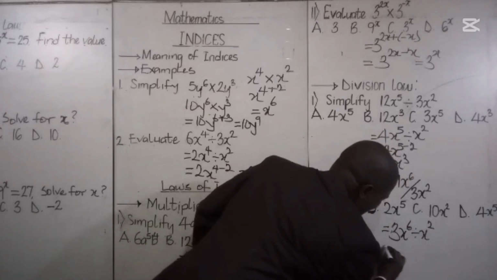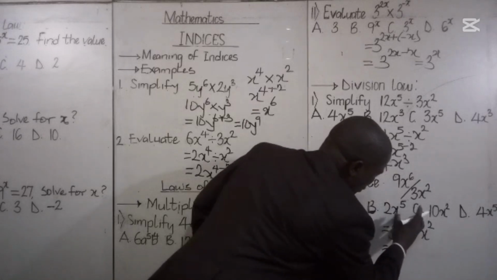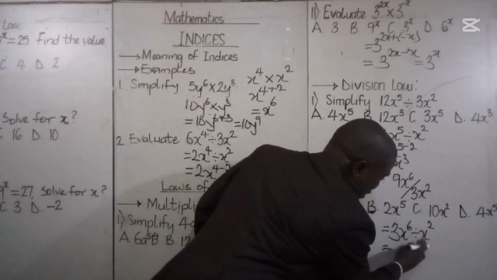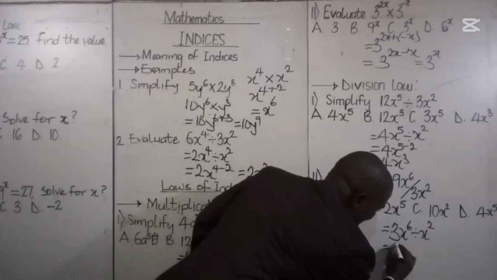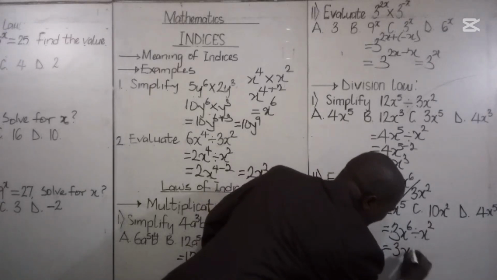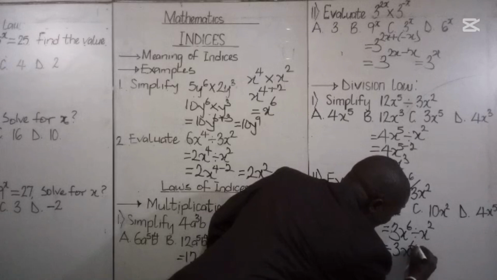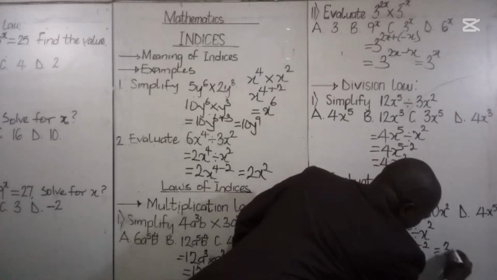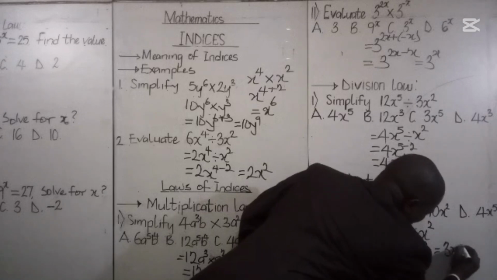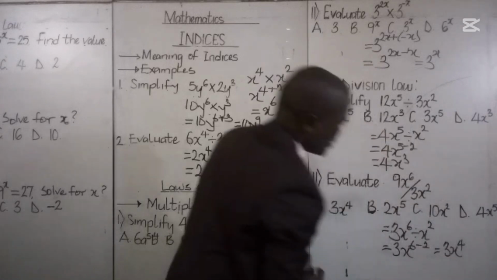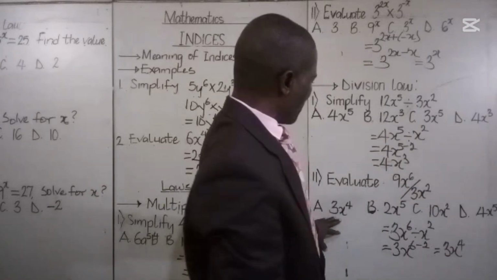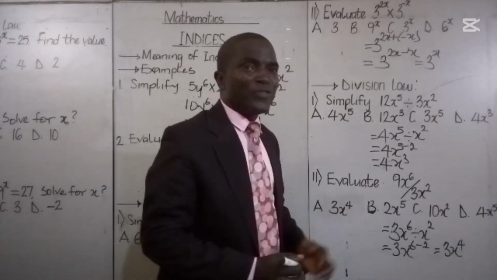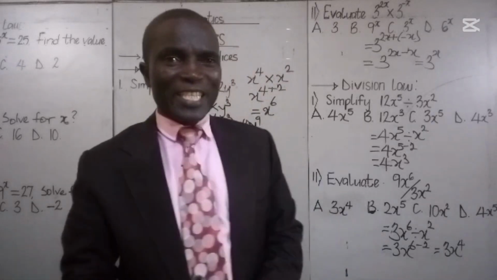And division law says that when two terms are connected by division, the division sign will be changed to subtraction for terms that are similar. So we have x raised to power 6 minus 2, and then it becomes 3x raised to power 4, since 6 minus 2 is 4. The most appropriate option here is option A. I want to believe it's very clear. Okay, that is very good.